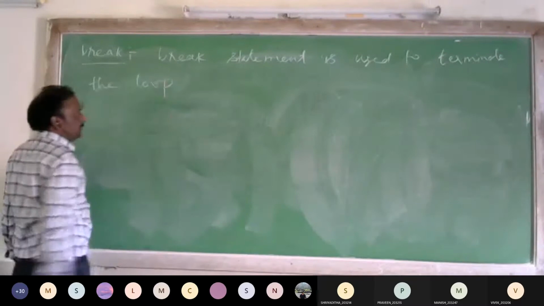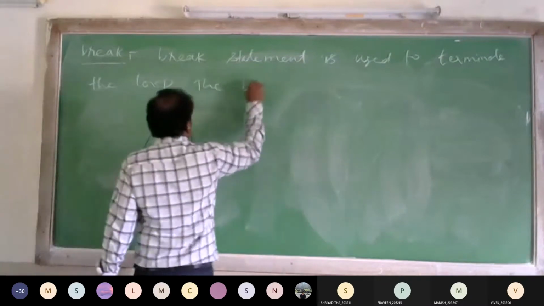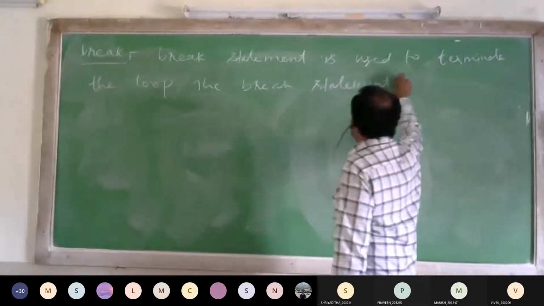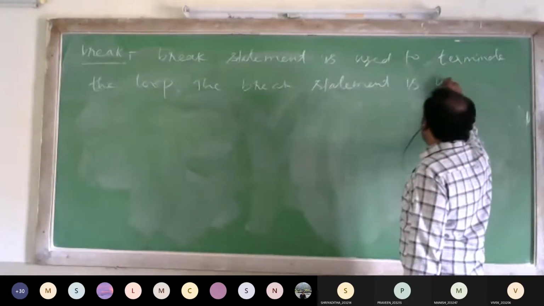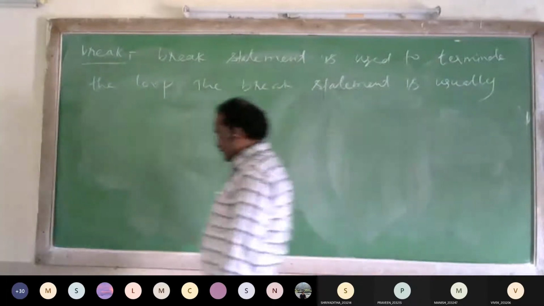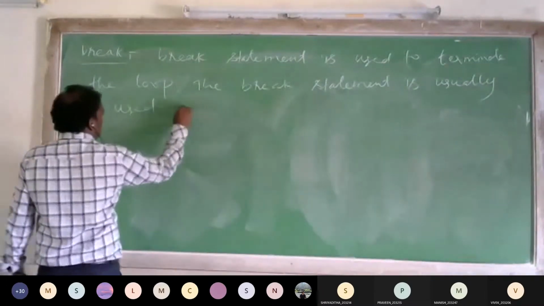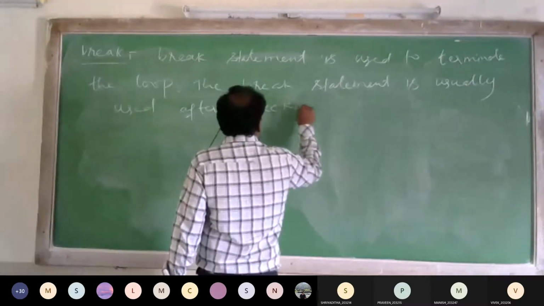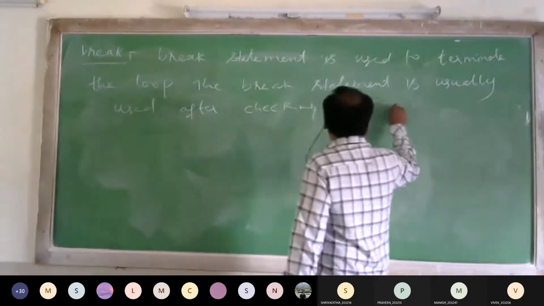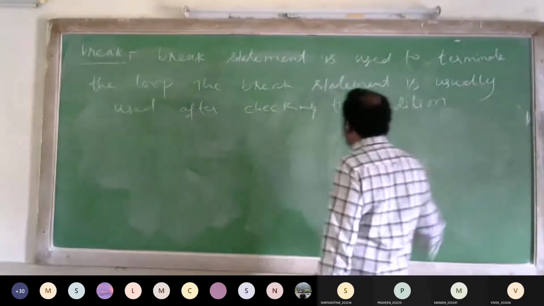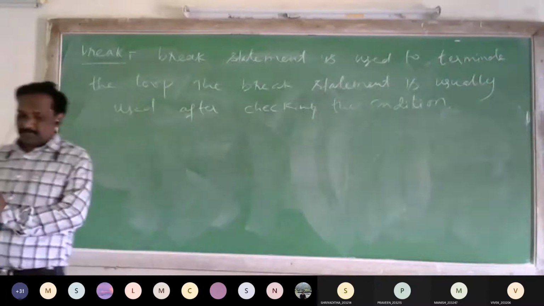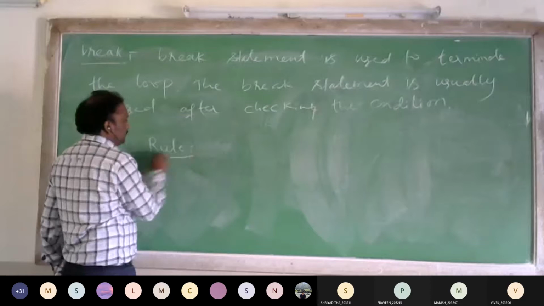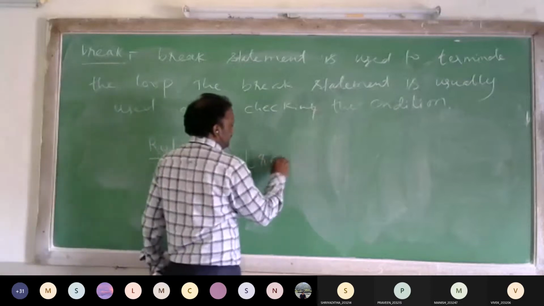To terminate the loop, the break statement is usually used after checking the condition. The syntax, the rule for break, is just the statement break.